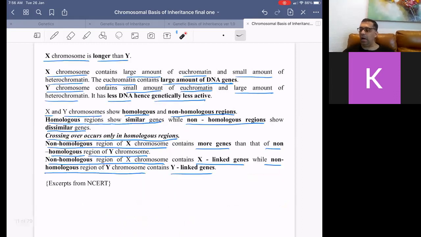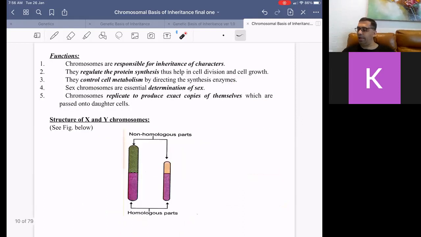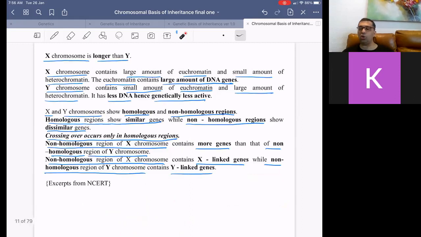And याद रखना, crossing over occurs between homologous region. Homologous regions can undergo crossing over during meiosis. During meiosis, they may cross over.